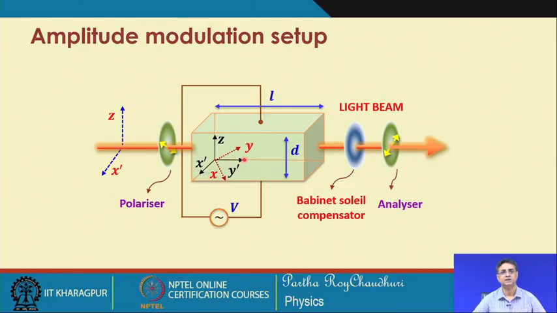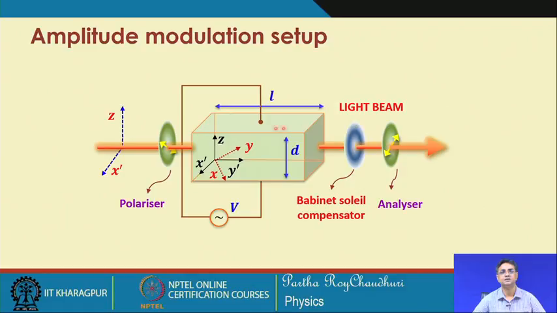These are the two new principal refractive indices. This is the old y axis, this is the old x axis in absence of any external field, but the moment you apply the voltage, you get these new eigen axes in which the refractive indices are proportional to the applied voltage.